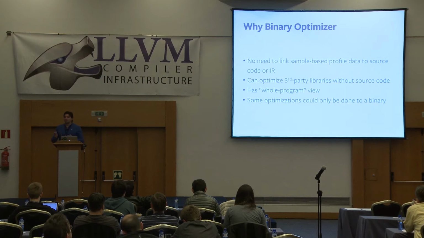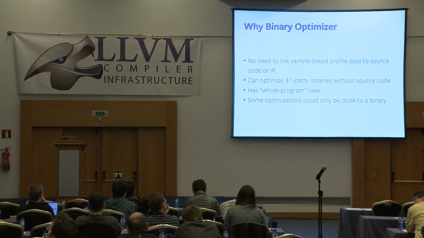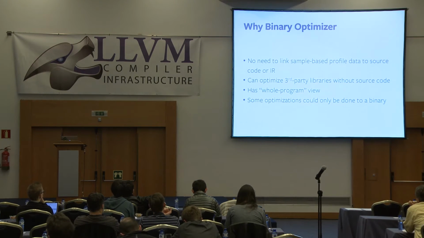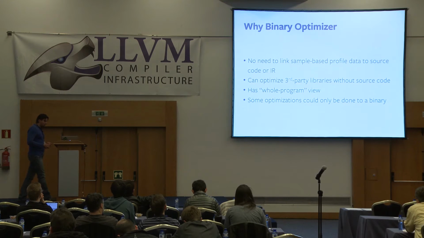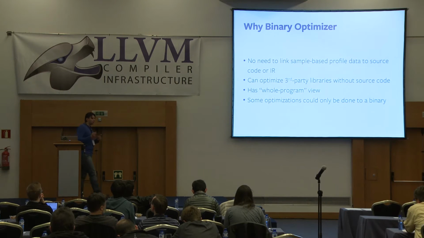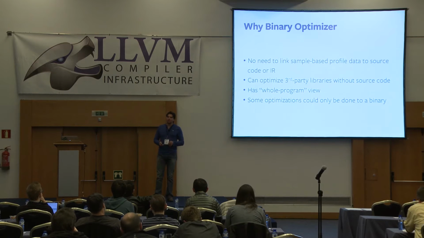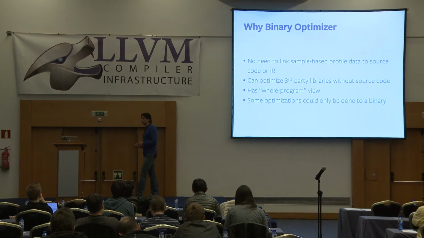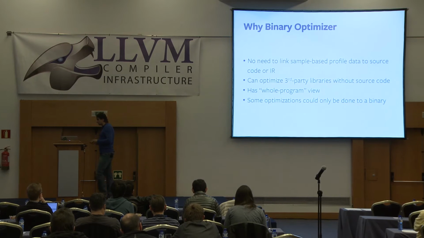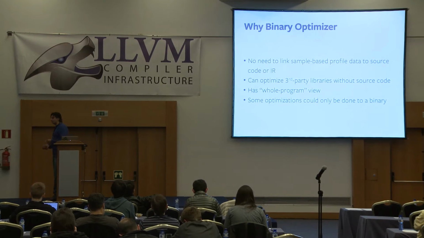You also don't need the source code to do binary optimization. This is the case when you have libraries, perhaps from a third party, where you don't have control or don't have access to the source code. A binary optimizer also has a whole program view. I put it in quotes because in reality, your application does not consist of one binary. It can consist of one binary and several shared libraries.